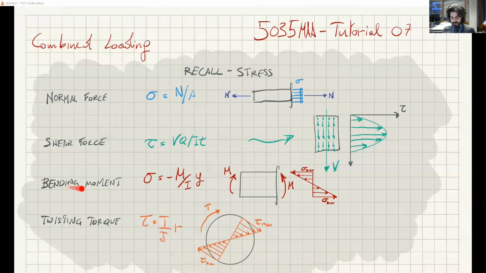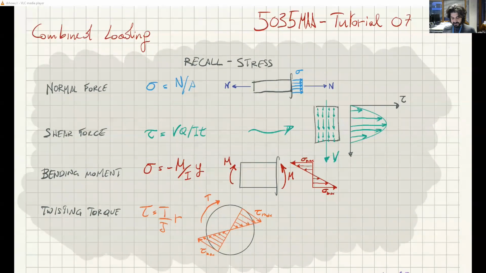The bending moment, which acts around the shear forces and produces a stress that is also perpendicular to the cut. And the twisting torque, which is acting inside the cut, so it's parallel to the cut.